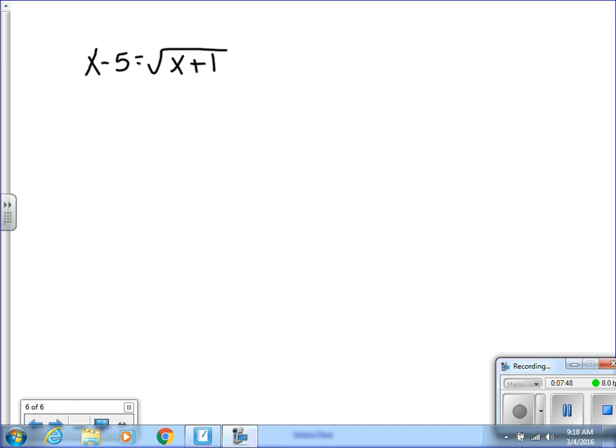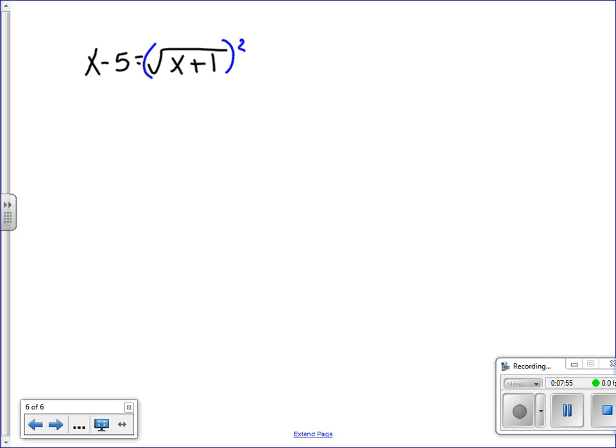That's important. The radical has to be isolated. And in this case it is. So I'm going to square both sides. Now when I square this side, I just get x plus 1. When I square this side, I get x squared minus 10x plus 25. That's what I get. Okay?